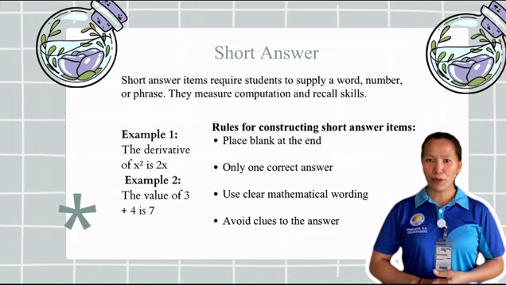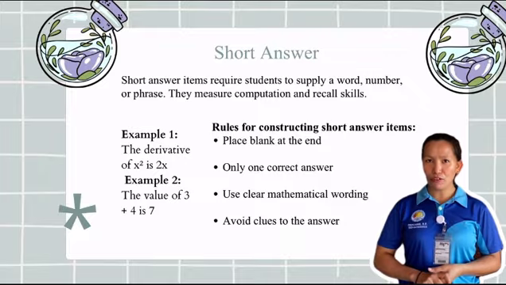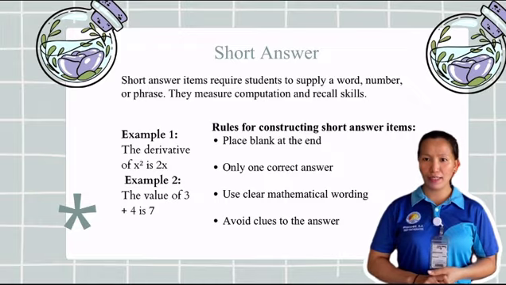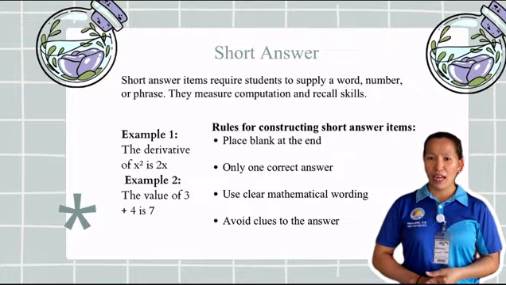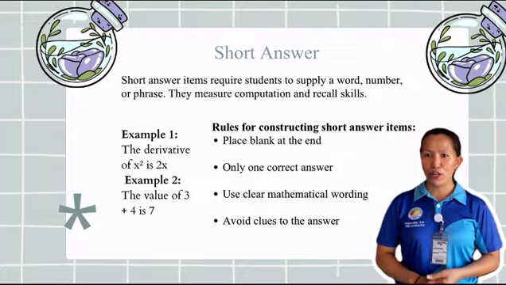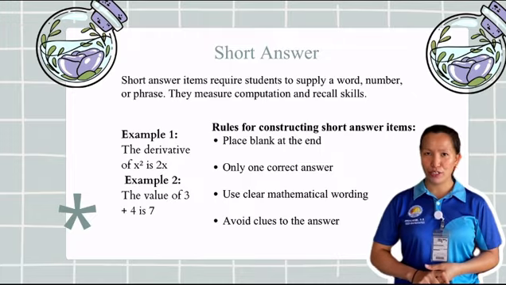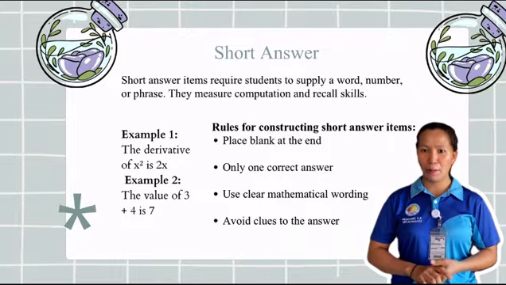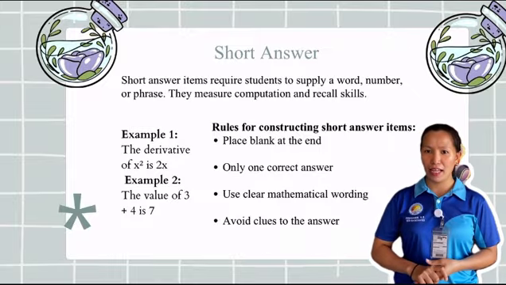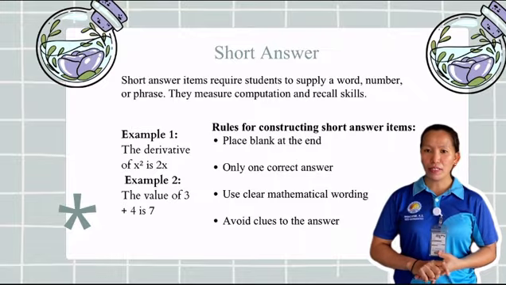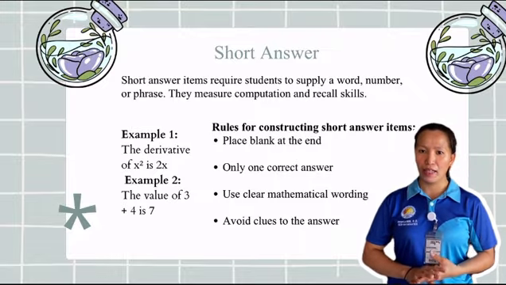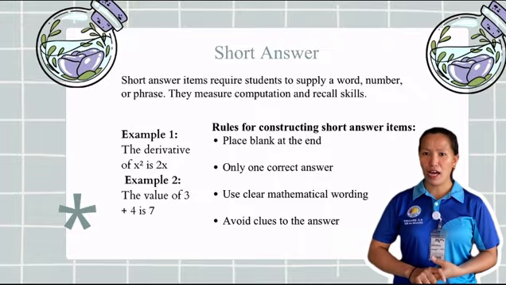And the other example, the value of 3 plus 4 is 7. There are rules for constructing short answer items. We have place the blank at the end, only one correct answer, use clear mathematical wording, and avoid clues to the answer.